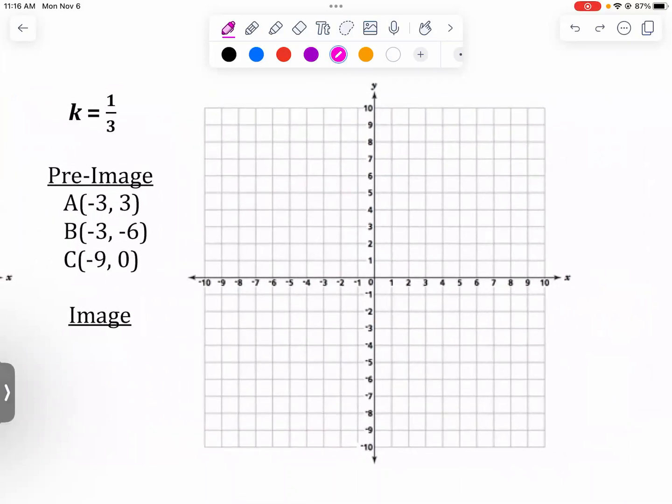What's going on in this one? What kind of dilation do we have? Reduction. Thank you.